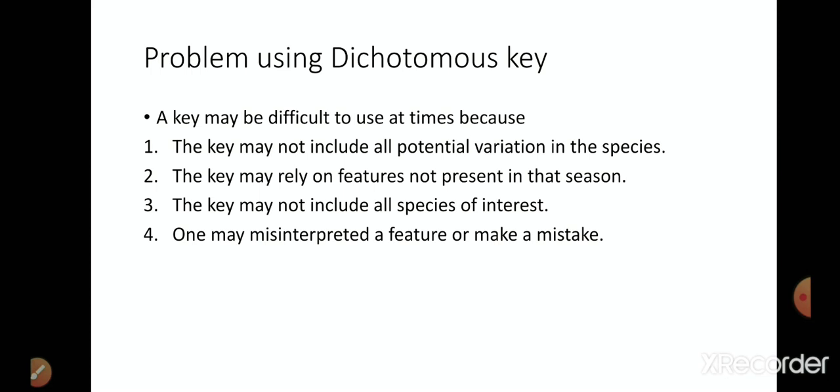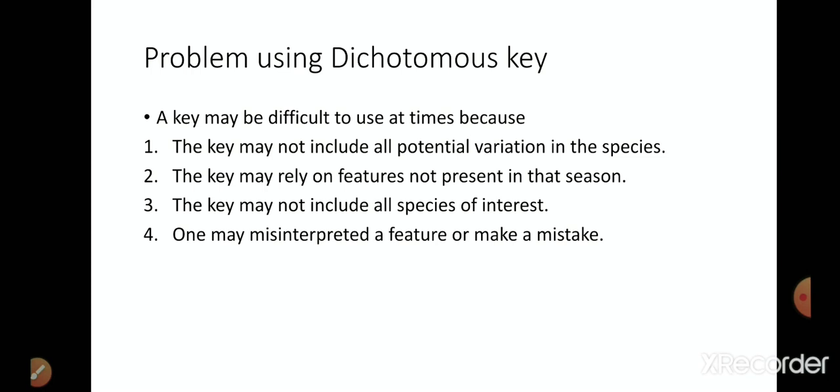For example, if we find an unknown species and the key or the information regarding that unknown species is not available, then the use of the dichotomous key is useless. So this is the disadvantage: the key does not include all the species of our interest.